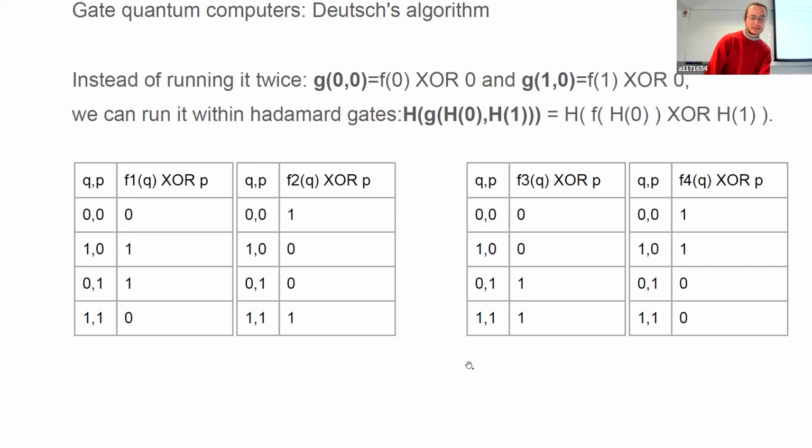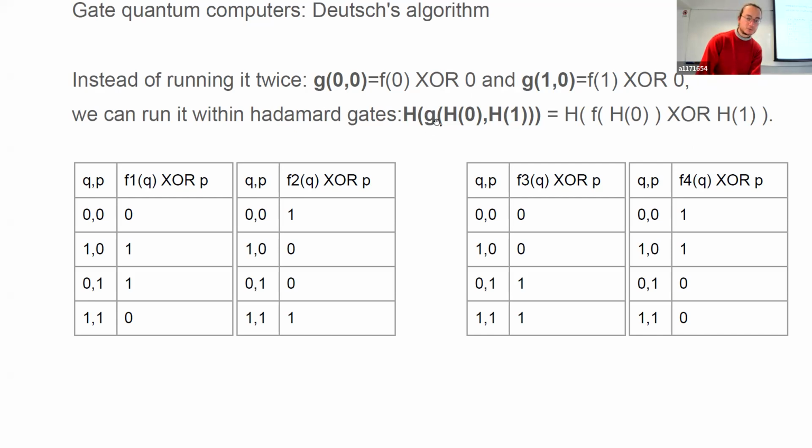So, okay, let's look at how you do that with a quantum computer. Instead of running it twice, first on the state Q0 and P0 and then Q1 and P1, you can run it once on a state that is prepared with the Hadamard gate. So instead of running it on 0, 0, you run it on Hadamard over 0 and Hadamard over 1.